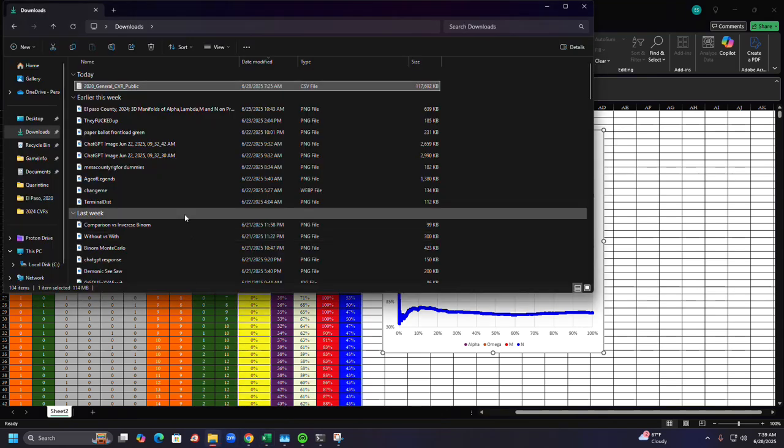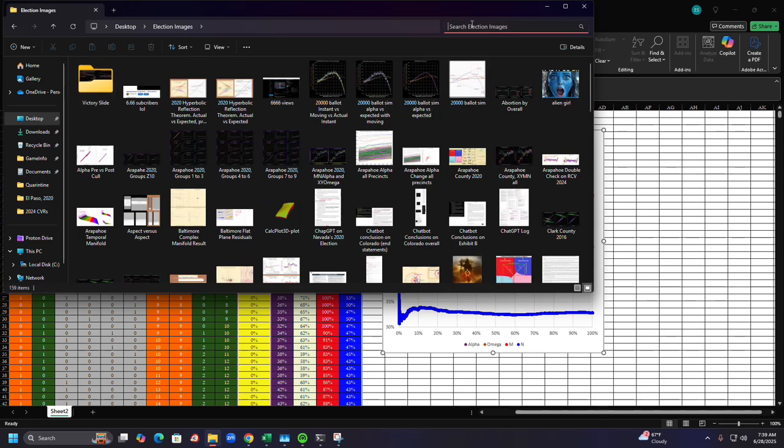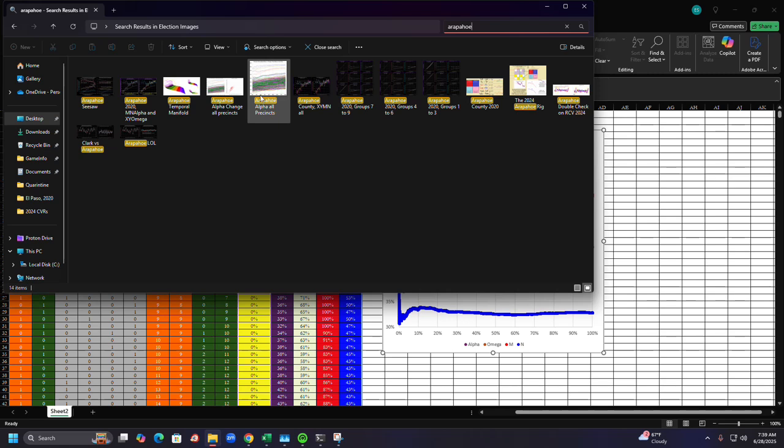So it takes a little more work to show that at a precinct level, but I do have the pictures on hand for Arapahoe here. If I could find that, yeah, right here.